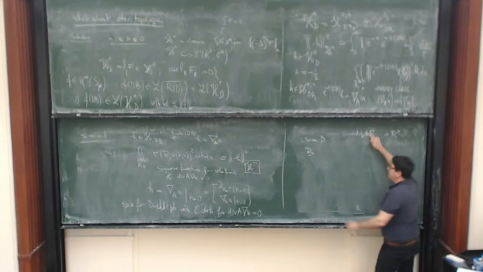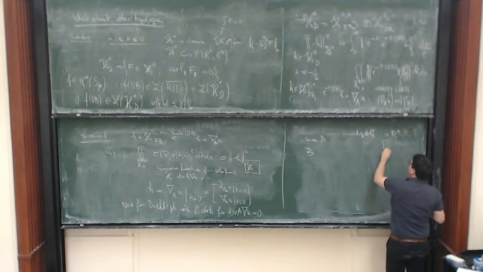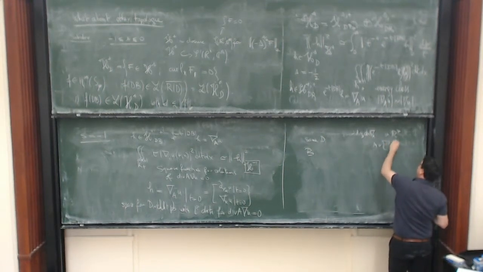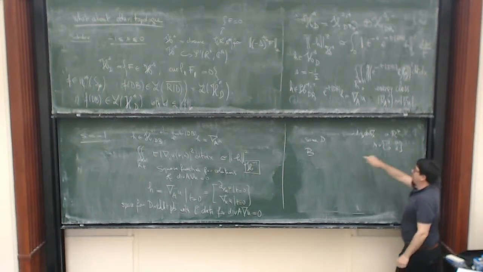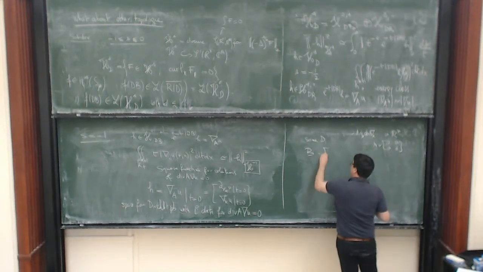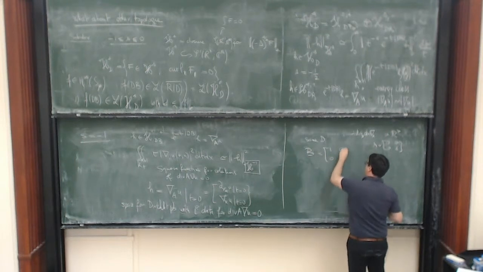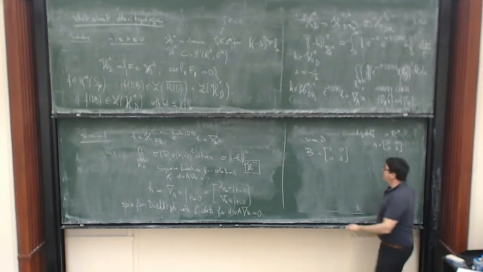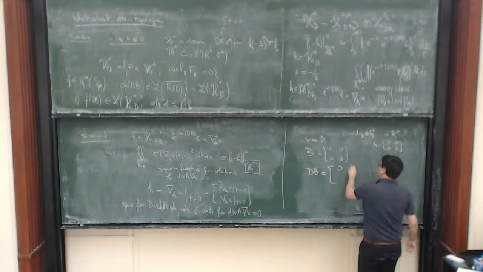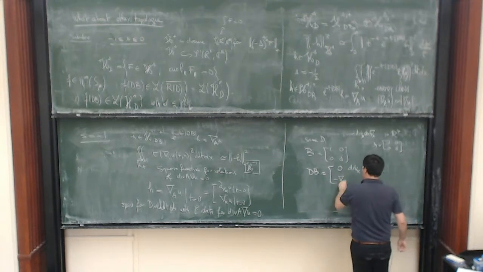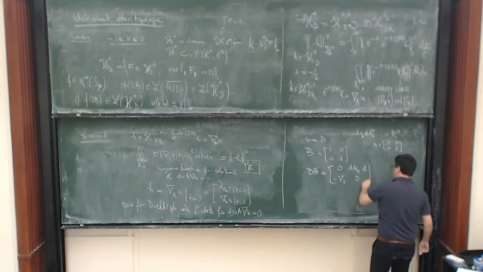Then I take the B that comes from the A that was 1, 0, 0, D. If I compute what the B is for this case, I get 1, 0, 0, D. And I take this dB, it's 0, divergence of X times D, minus gradient of X, 0.